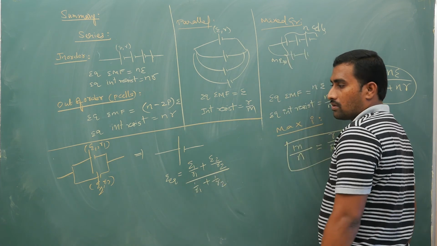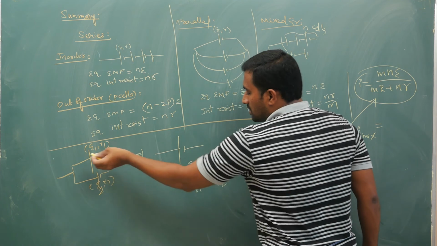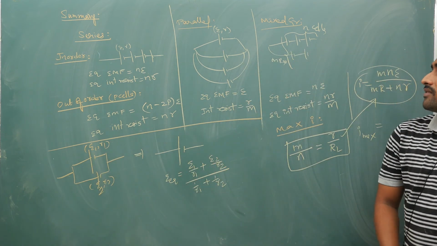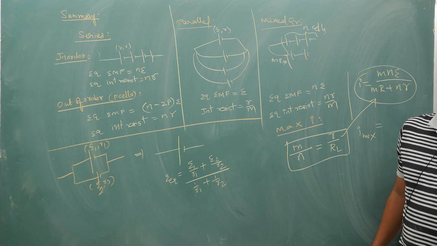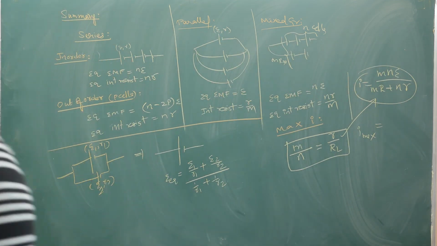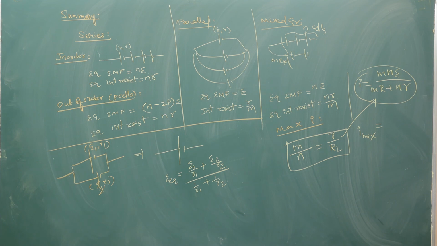If they are connected with opposite sides, then put a minus sign here. So this is your final summary of cells. Using this we will try to do different questions in the problem solving session. That's all.